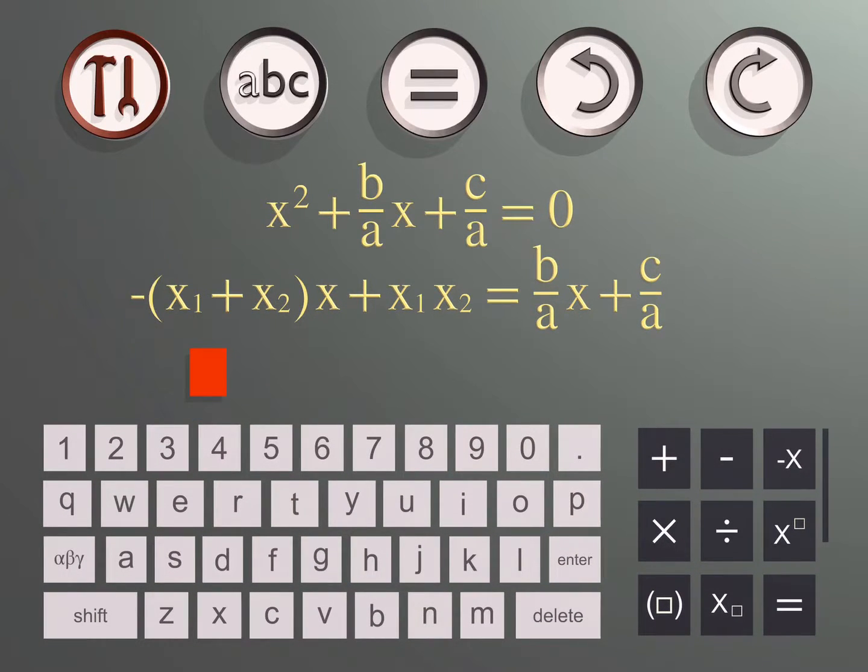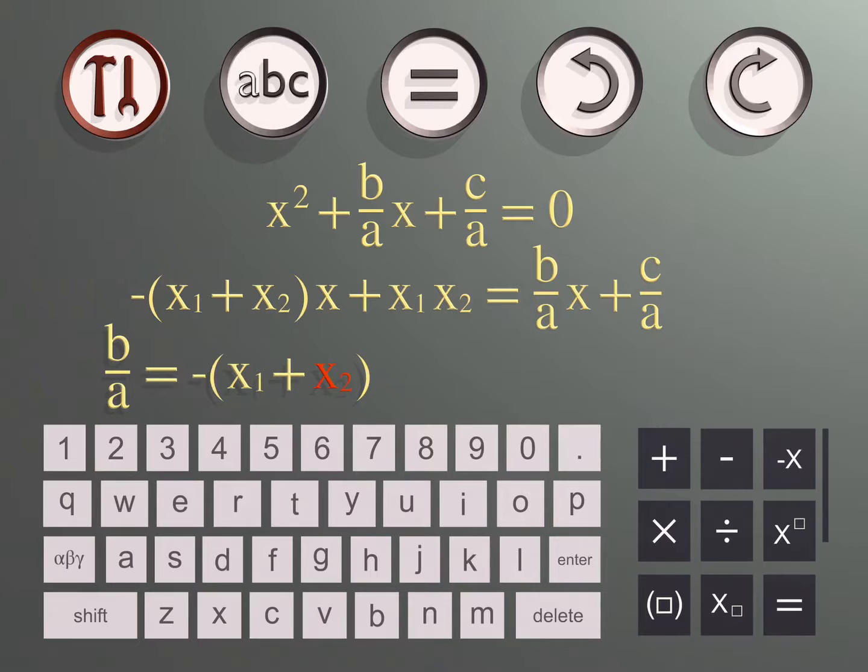In particular, the coefficient in front of the x on the left-hand side has to be equal to the coefficient in front of the x on the right-hand side. More specifically, b over a has to be equal to the coefficient on the left-hand side, which is negative (x1 plus x2).